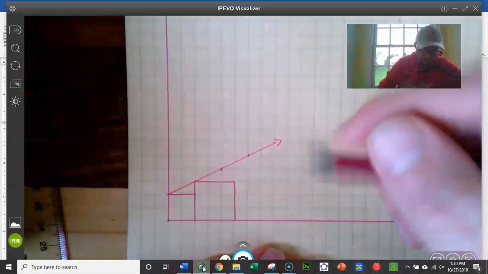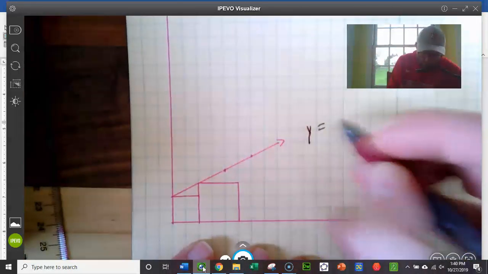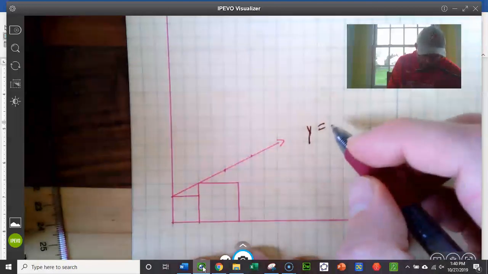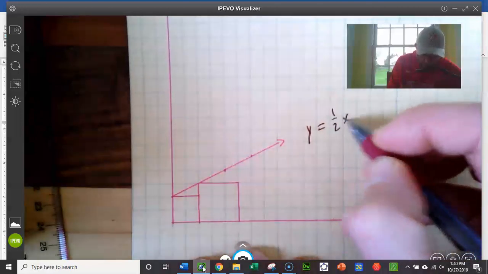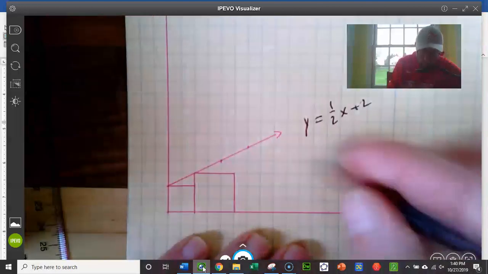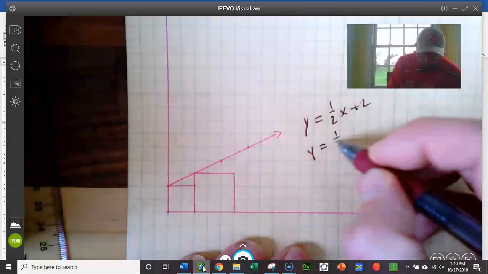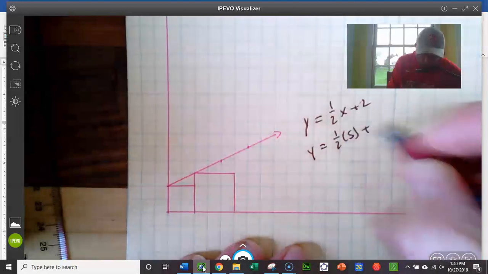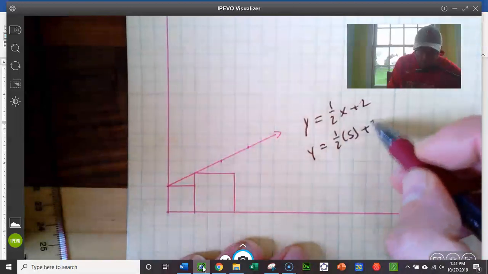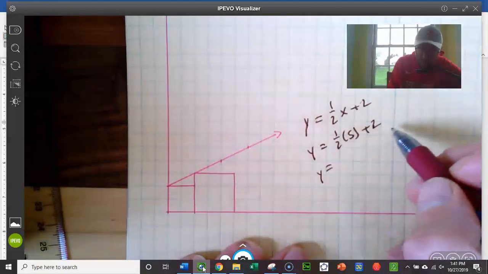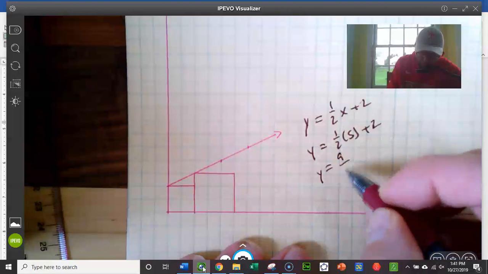With the squares, our equation is y equals 1/2 x plus 2. And we're plugging in 1, 2, 3, 4, 5 plus 2. So that's 5 halves, and 4 halves is 9 halves.